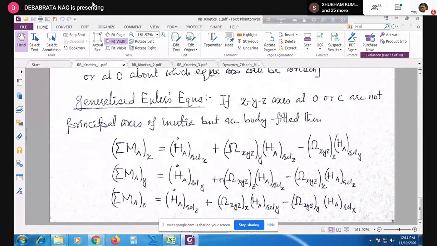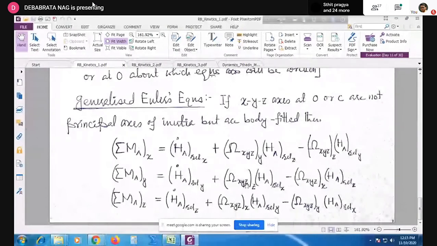If you choose arbitrary axes, that means the axes are not the principal axes of inertia, then this will be the format of the generalized Euler's equation, where capital omega bar xyz is exactly equal to omega bar b, the absolute angular velocity of the body, because we have fixed this reference frame rigidly to the body.